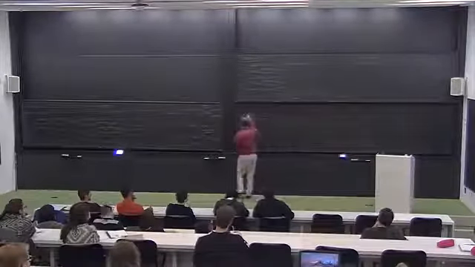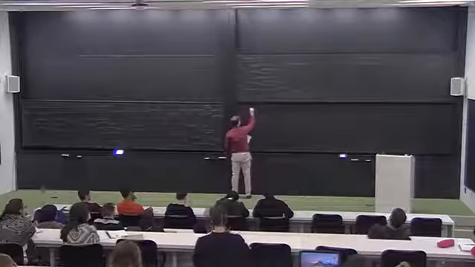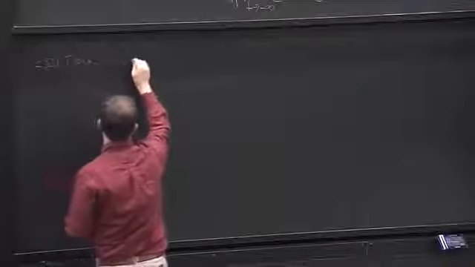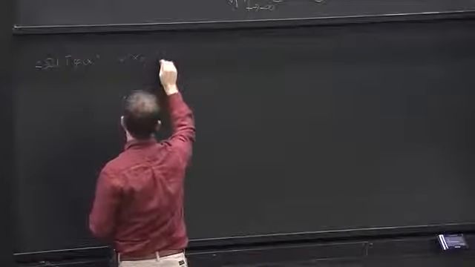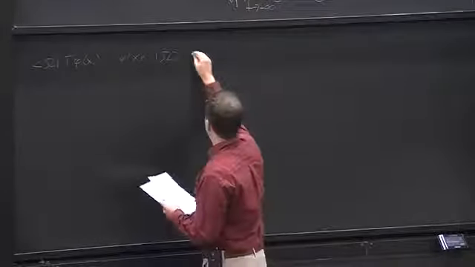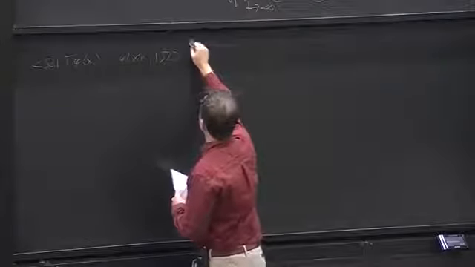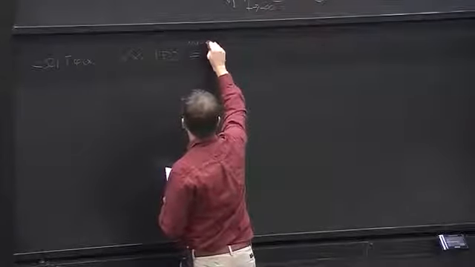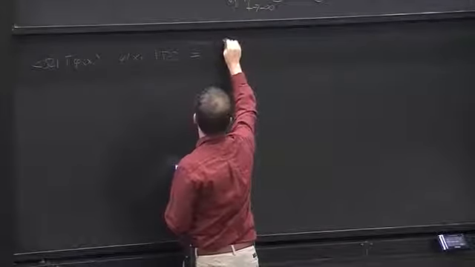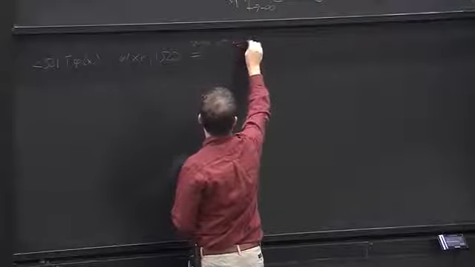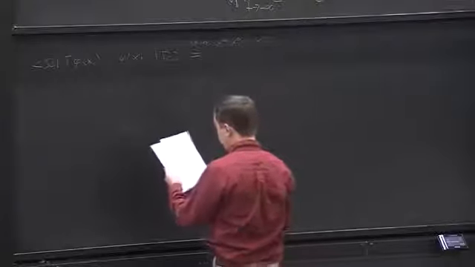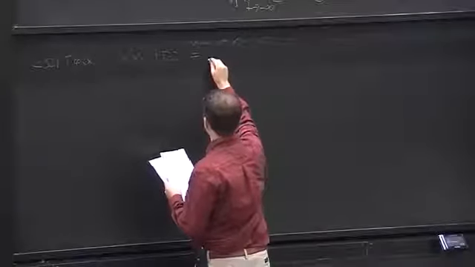Okay, so what we're interested in computing is the Heisenberg picture expectation value of some time-ordered product of fields. And for simplicity, let's assume that everything is already time-ordered. Then we can just forget about the time ordering symbol.